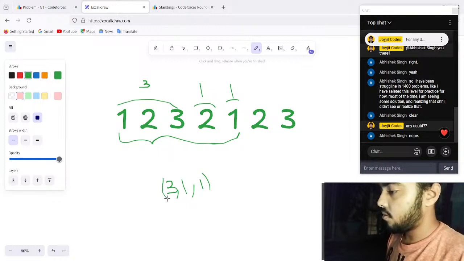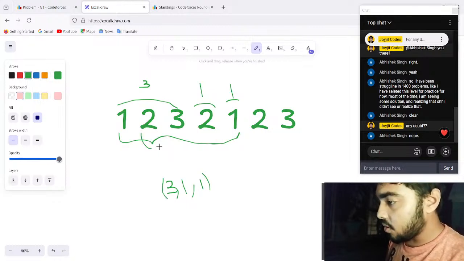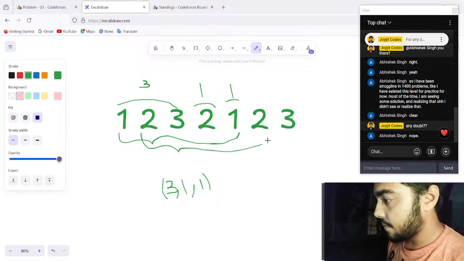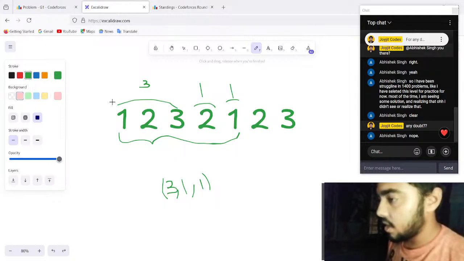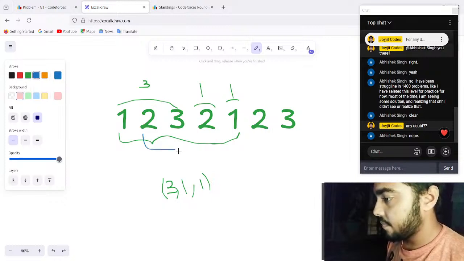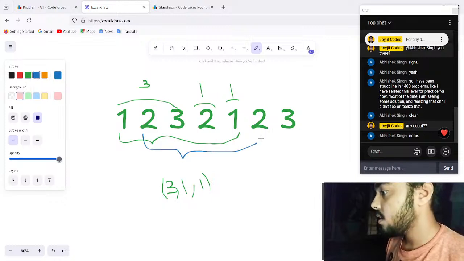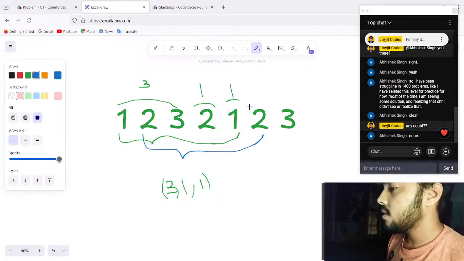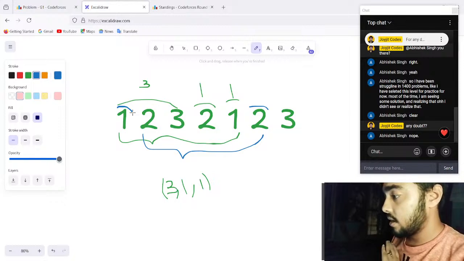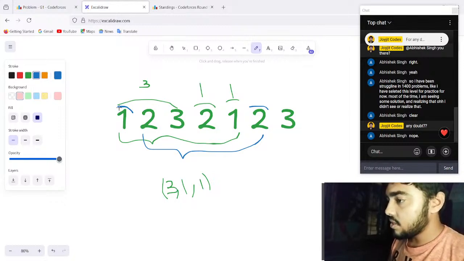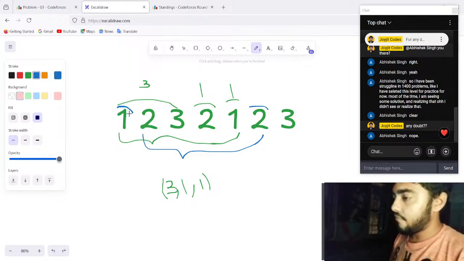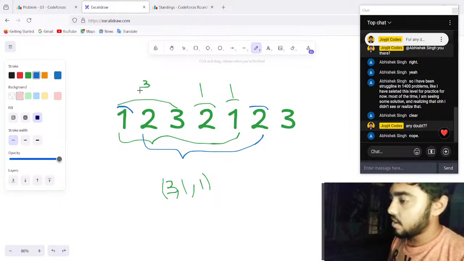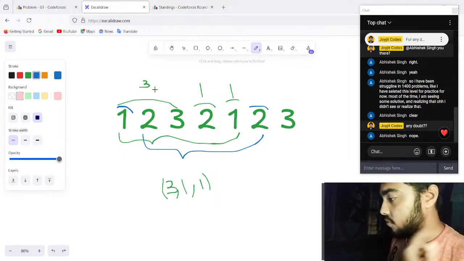Okay, for now. Now the moment we go to here, let me change the color. One thing is added over here and one thing is eliminated over here. This elimination will affect the first element by reducing it by 1.